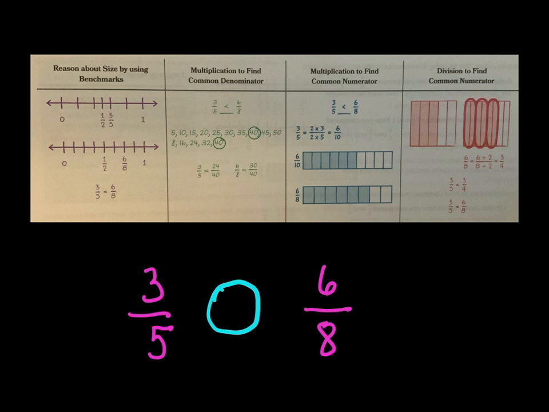The closest these fractions are to those benchmarks. You could use multiplication to find the common denominator. You can also use multiplication to find the common numerator. And then you could also use division to find the common numerator. So there's many different ways of solving this type of problem.